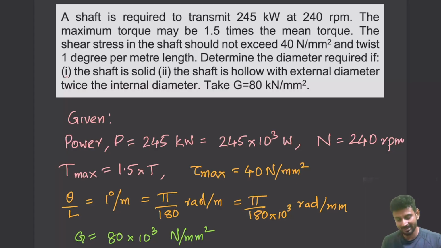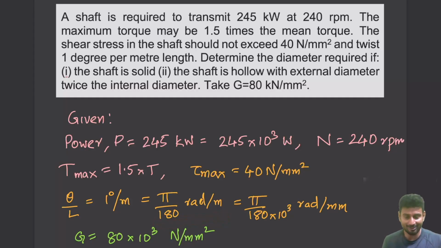Okay, next it is also given that the maximum shear stress is 40 Newton per millimeter square. So tau max is 40 Newton per millimeter square. The angle of twist is 1 degree per meter length. So theta by L is 1 degree per meter. In radians, that would be pi by 180 radians per meter.